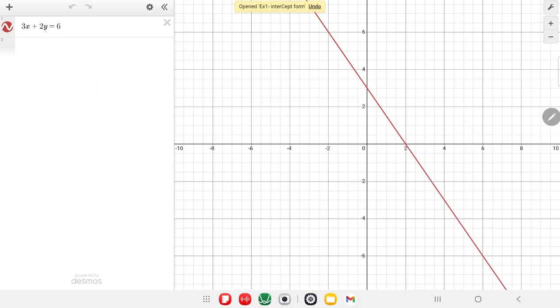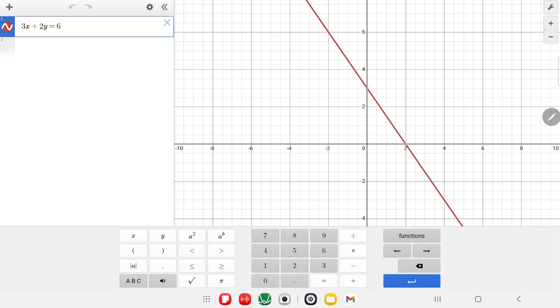Okay, so if we let y equal to 0, what happens?